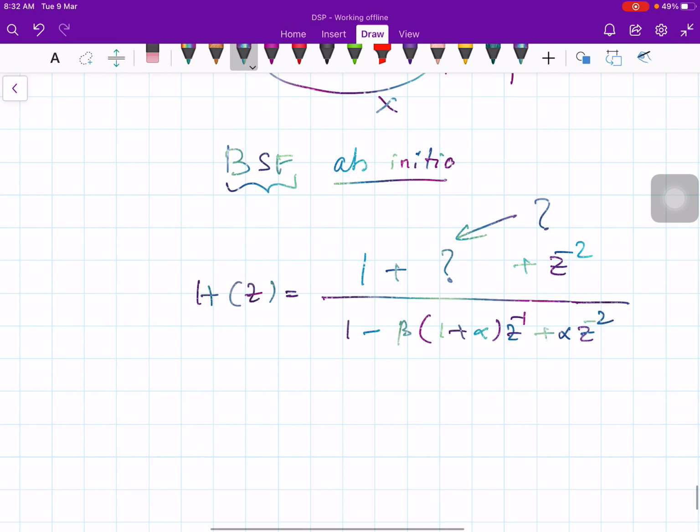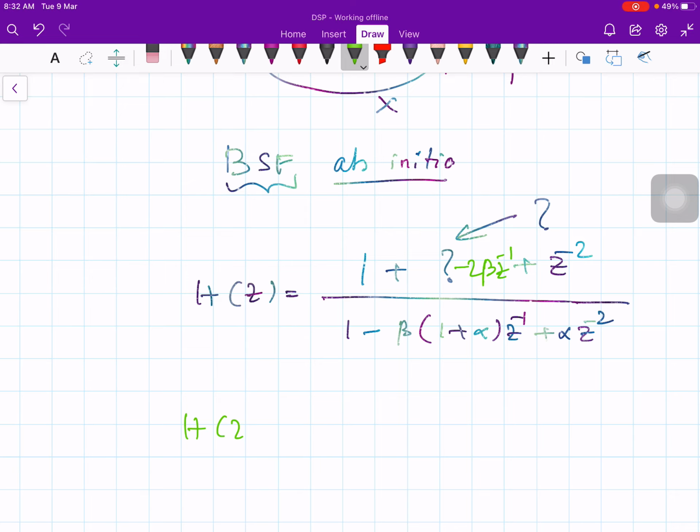Now the numerator is not 1 plus z to the minus 2, because that fixes the notch frequency at omega equal to pi by 2. So if I take 1 plus z to the minus 2, then the notch frequency is fixed. So I introduce another term: minus 2 beta times z inverse.